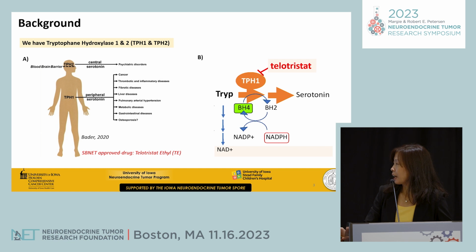There is the FDA-approved drug, telotristat ethyl, that is approved for SBNET patients with carcinoid syndrome, and the active form of the drug, which is telotristat, directly inhibits the enzyme TPH1.